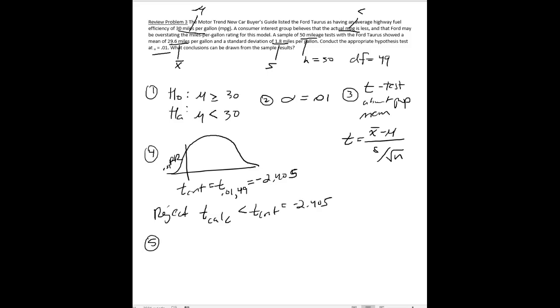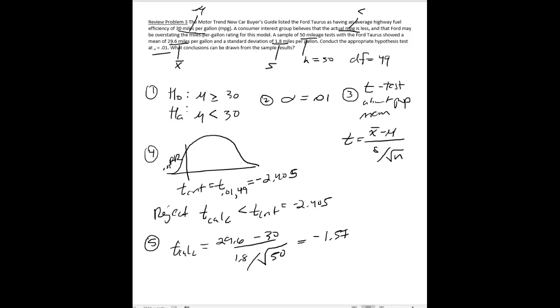Okay, and then 5, let's calculate our value. We go ahead and do that, and we get T calc is equal to 29.6 minus 30 all over 1.8 divided by the square root of 50. And then we get negative 1.57.